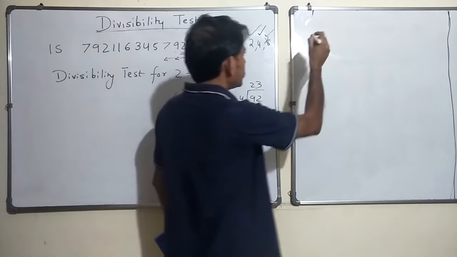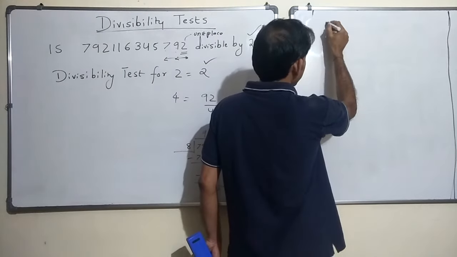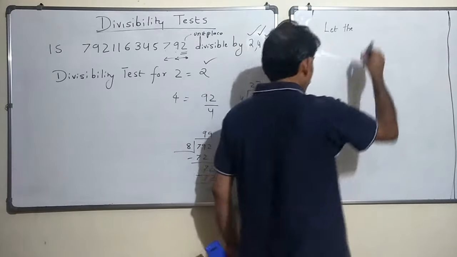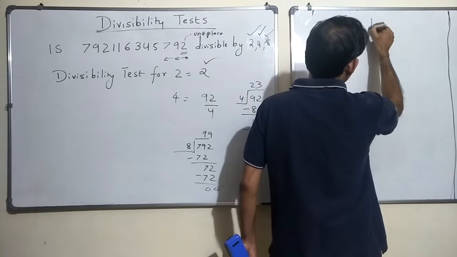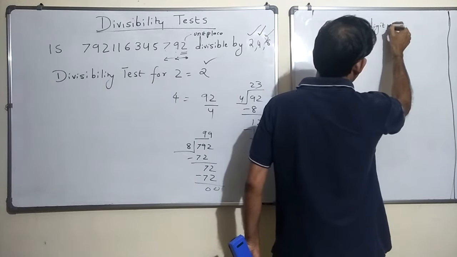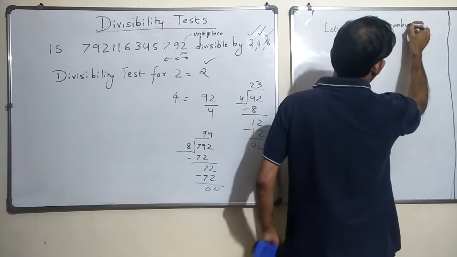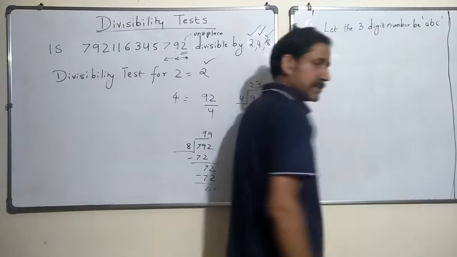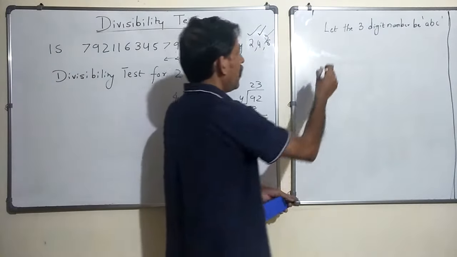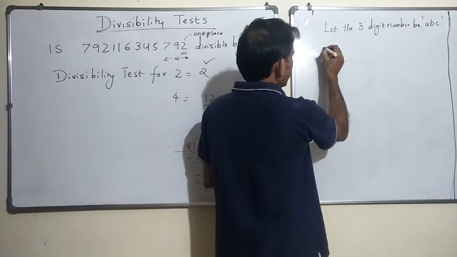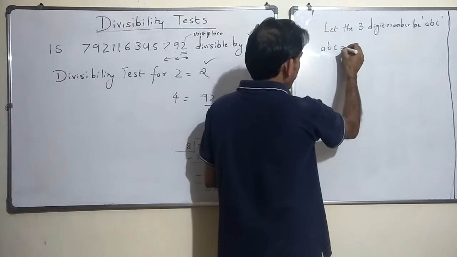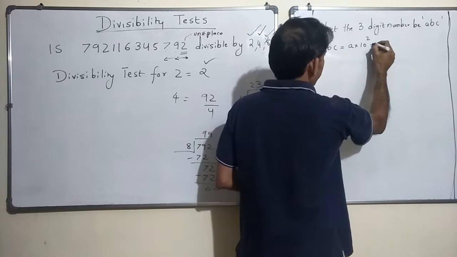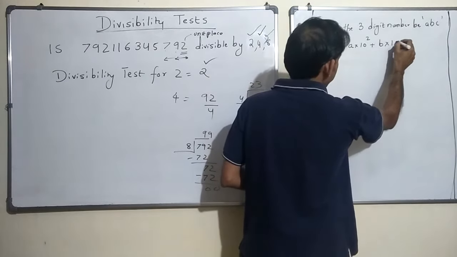So let's consider a 3-digit number. Let the 3-digit number be ABC. Now can I not write ABC as A multiplied by 10 square plus B multiplied by 10 plus C?